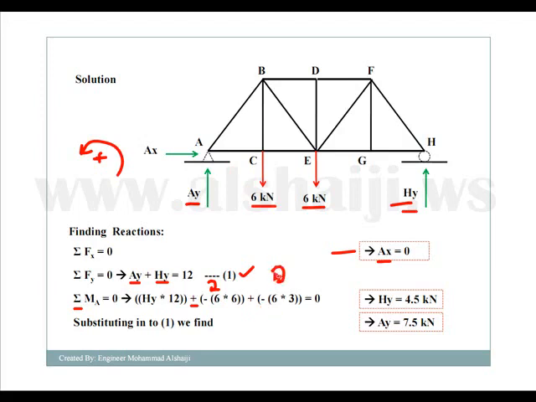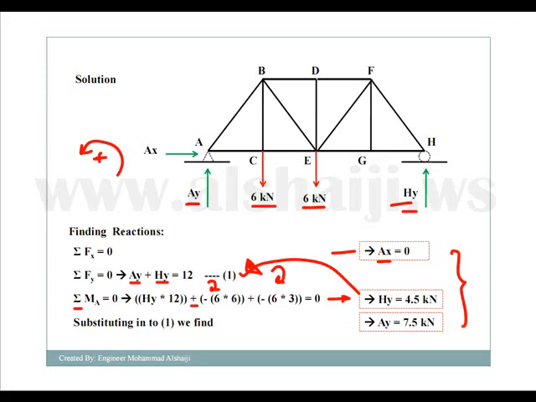Again, this force is rotating this way, which is opposite to whatever we assumed. Now if I solve this equation, I'll end up having HY equals 4.5 kilonewtons, and if I substitute this value back into equation 1, I'll end up having AY equals 7.5. And that's how we find these 3 reactions.